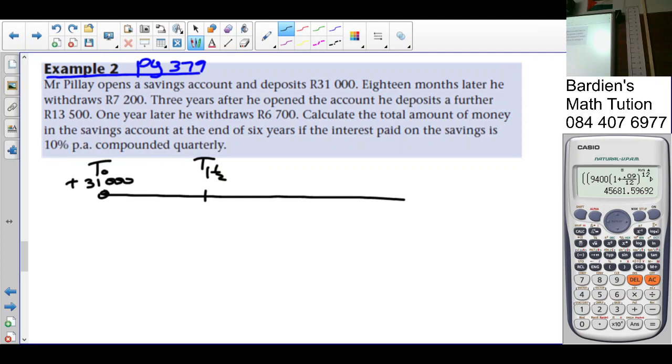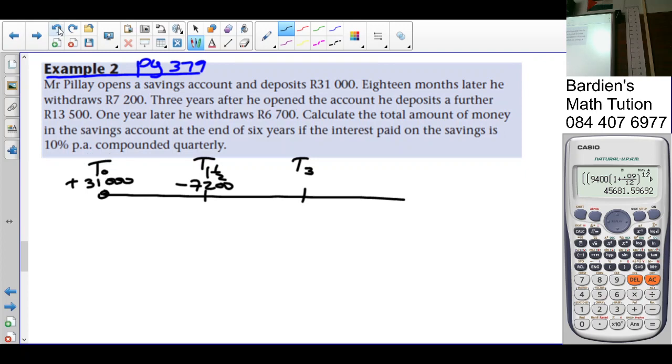Remember that this is your time in years here. Can you see that? 18 months later, he withdraws 7,200. So it's minus 7,200. 3 years after he opened the account, he deposits a further 13,500. So that takes you to where? T3. Why? Because 3 years after he opened the account, 3 years after this point, that's why it takes you to T3.